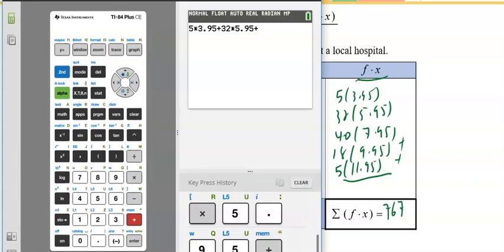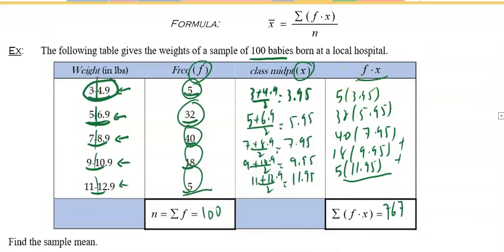There, much better. So where are we? 5.95 plus 40 times 7.95 plus 18 times 9.95 plus 5 times 11.95. Now, unless I made a mistake, 767. There you go.